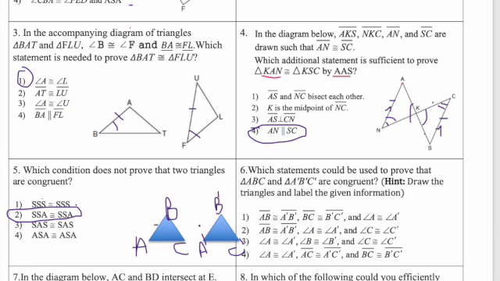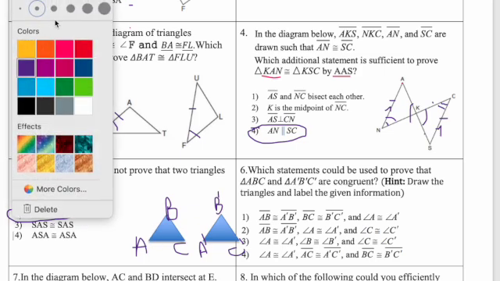AB is congruent to A prime, B prime. Angle A is congruent to angle A prime. And angle C is congruent to angle C prime. Okay, and that would give me angle, angle, side. Let me just make that clearer with a different color.